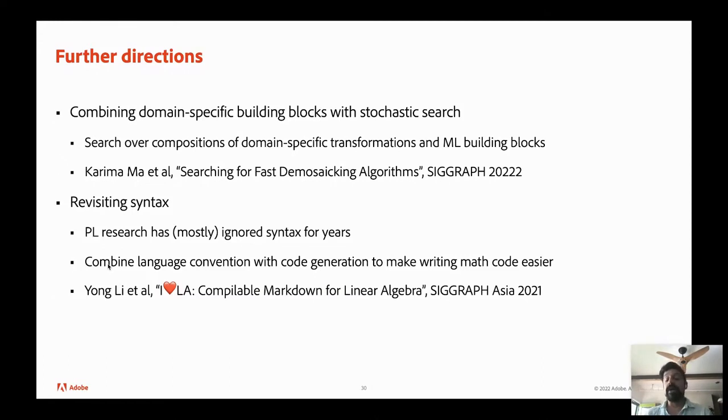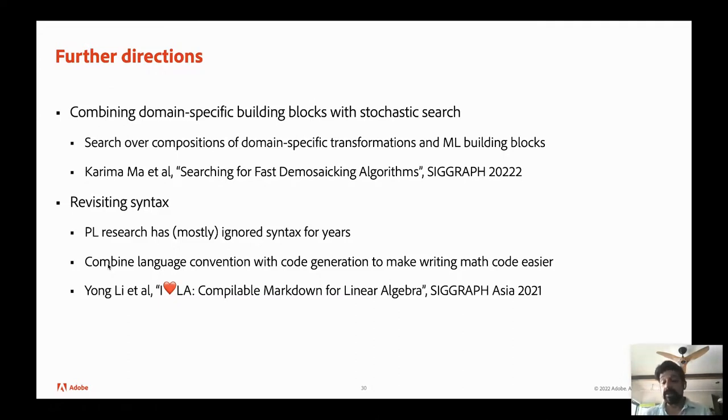We can also compile that into executable Python, using NumPy and SciPy libraries. We can also compile that down to C++ with Eigen. And I should also say that one of my collaborators, Alec, would be very disappointed if I didn't also mention that we have MATLAB output for this piece of code for iHeart LA.